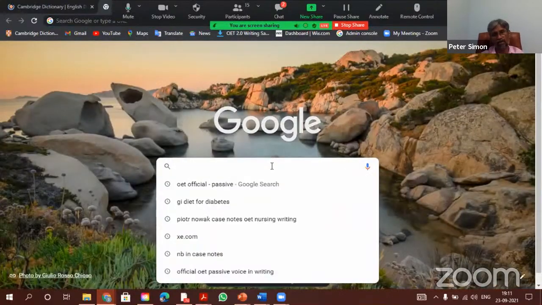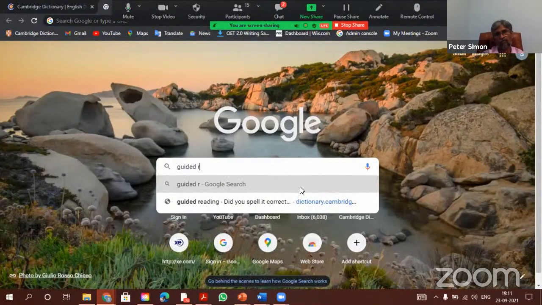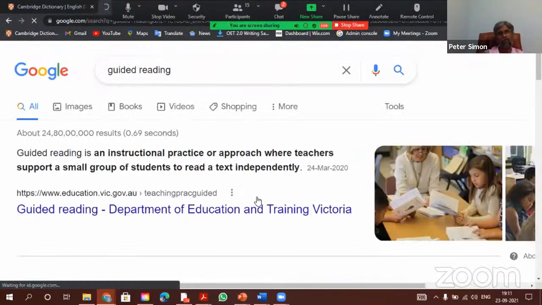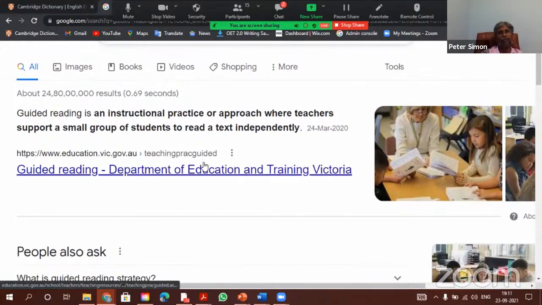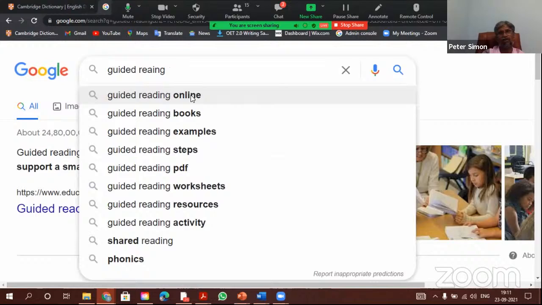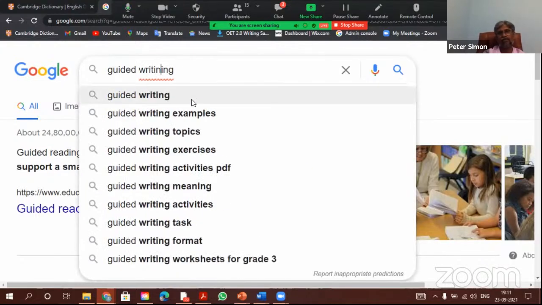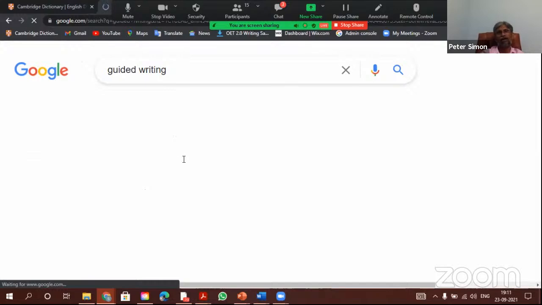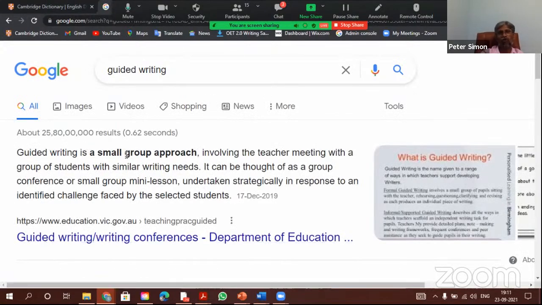Now what is this guided reading? Guided reading is an instructional practice or approach where teachers support a small group of students to read a text independently. Guided writing is in the same way, small text, bit by bit. Guided writing is a small group approach involving the teacher meeting with a group of students with similar writing needs.